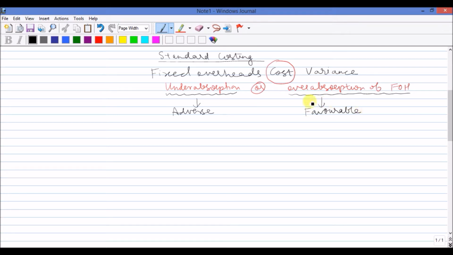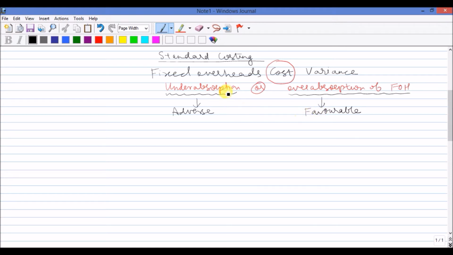So remember, if it is under absorption, it would be termed as adverse, and if it is over absorption, it would be termed as favorable.